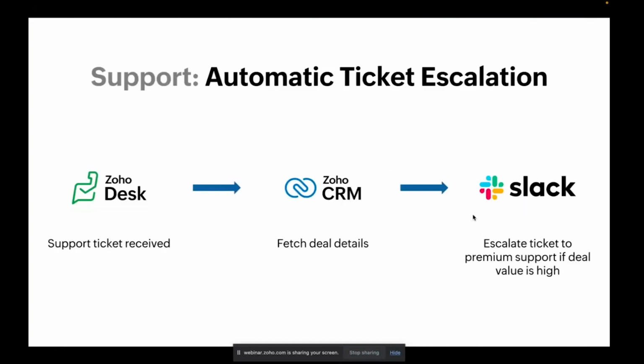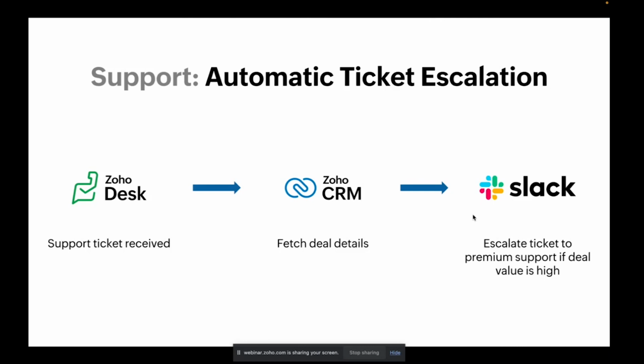So the next one I'm going to show you is more of a support automation. So in this one, let's say you have a premium support team in your organization, which takes care of support tickets from higher value deal customers.